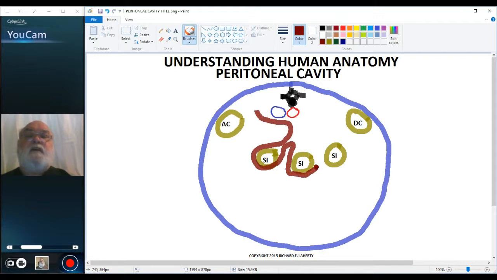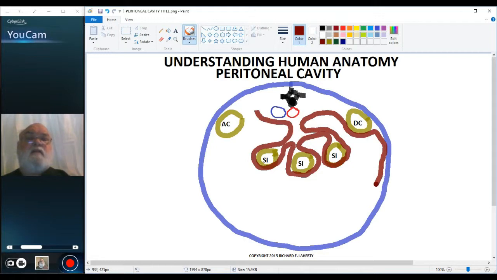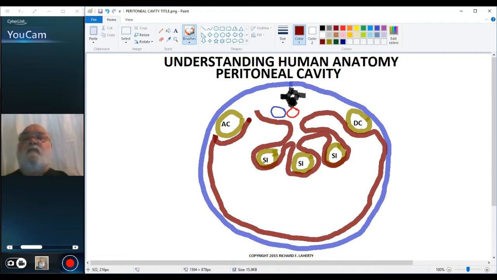The mesentery is the mesentery of the small intestine. Draw that in like so. Again, the descending colon is retroperitoneal. Around the body wall here. And over to here.